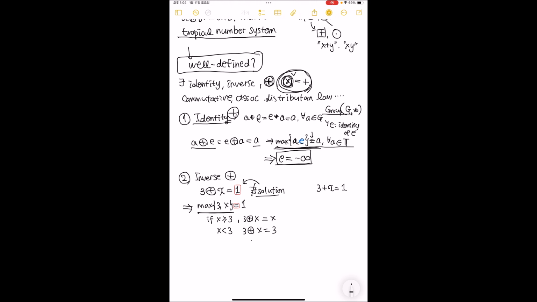This means that the inverse of the tropical sum does not exist. Why?